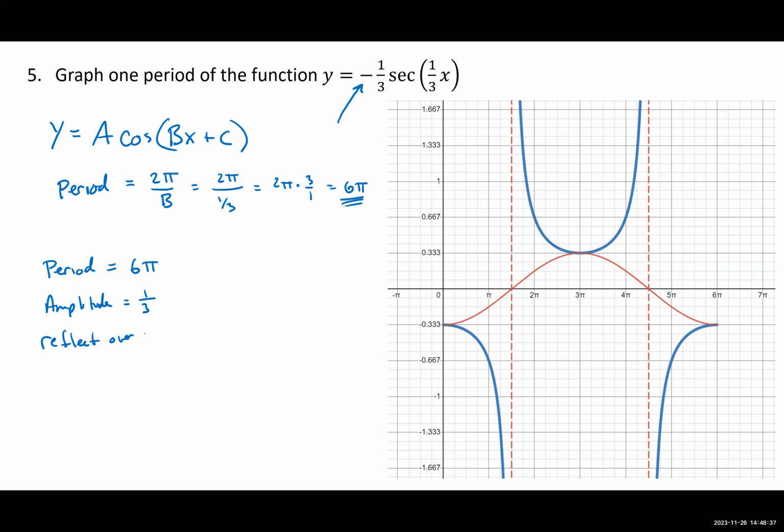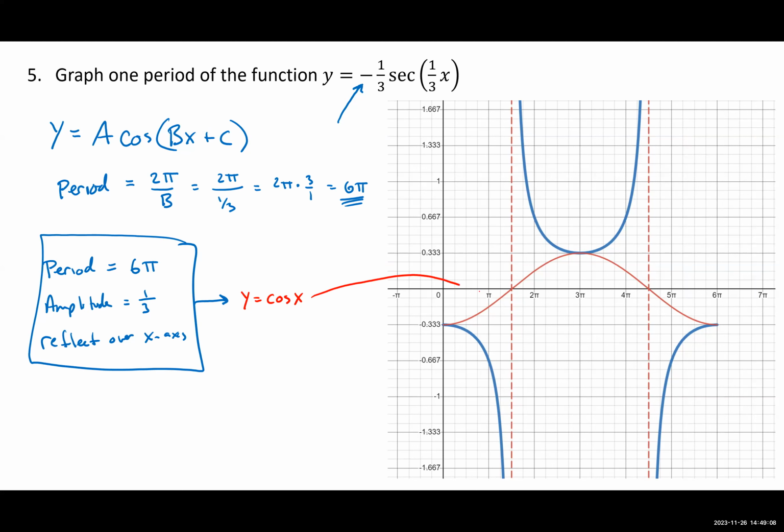So we make these changes to the function y equals the cosine of x, right? Actually, let me write this in red, because that's that red graph. So we take the cosine function, we change the period, we change the amplitude, and we reflect over the x-axis. We get this red graph.